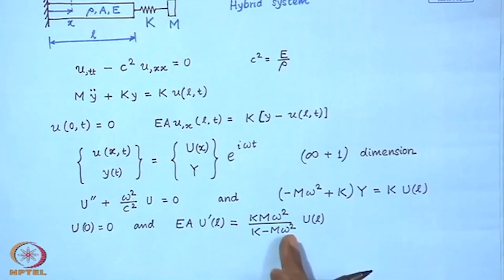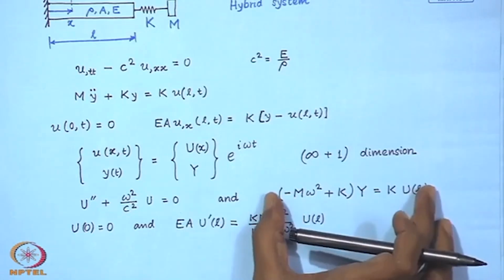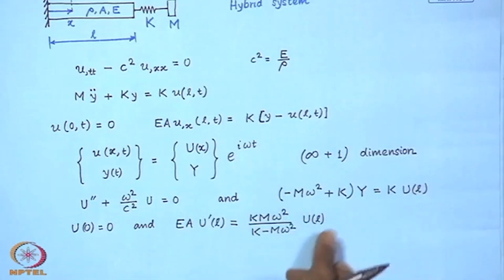So, here I have used this equation to simplify the structure of the boundary condition at the right end of the bar.